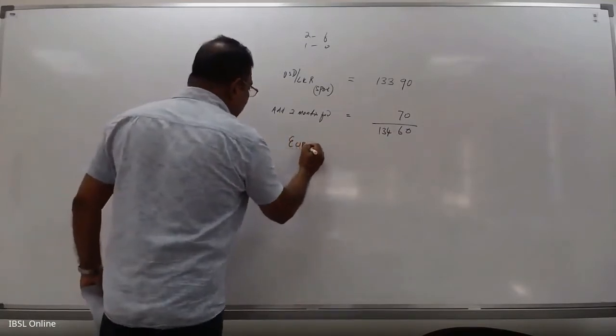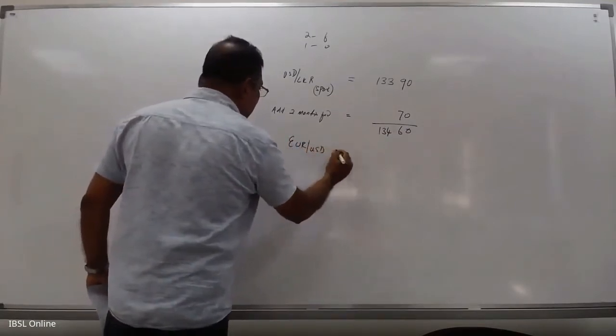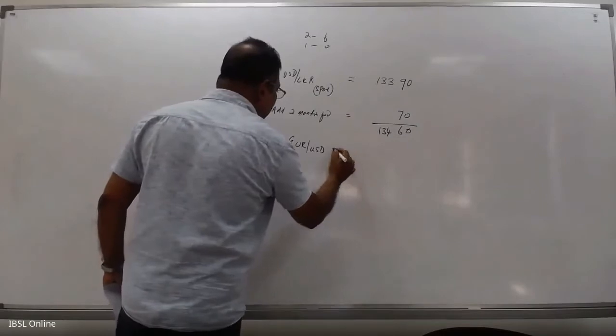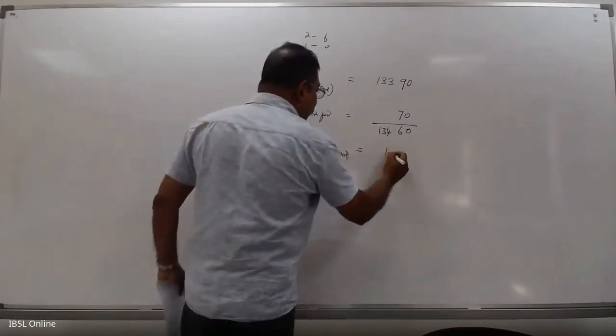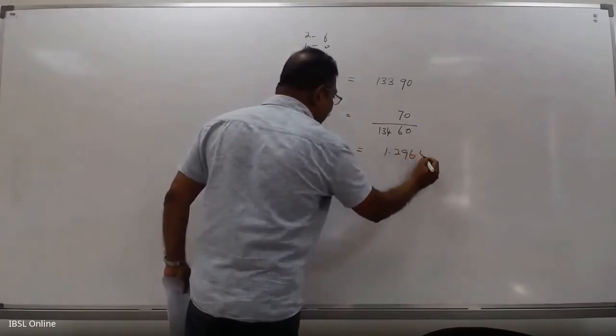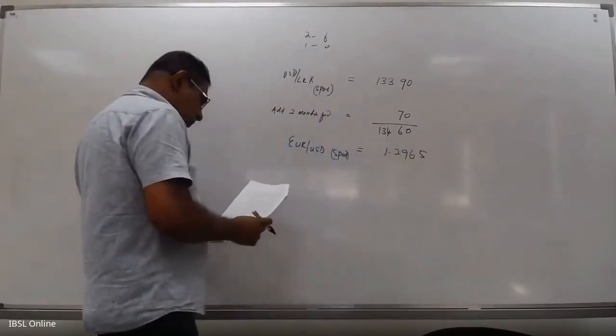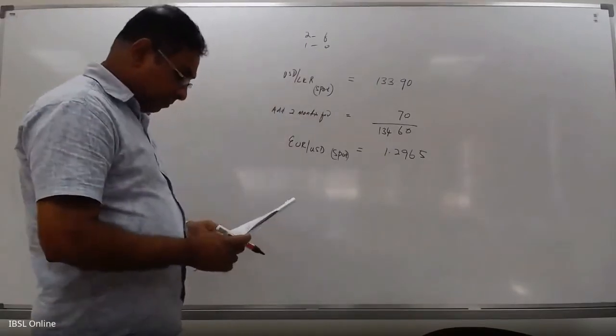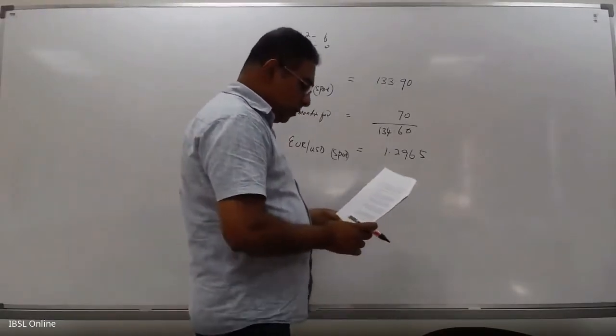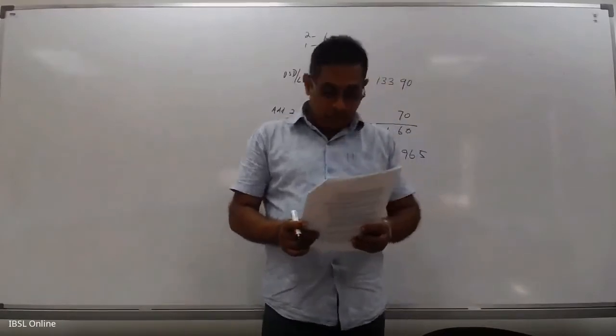Euro to USD, spot 1.2965, not 60, 2965. We have 2 months fixed and 1 month option. 2 months is 320, compared with 300, you are going to add.